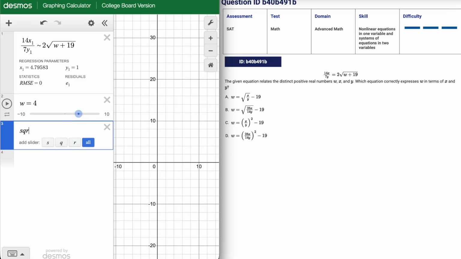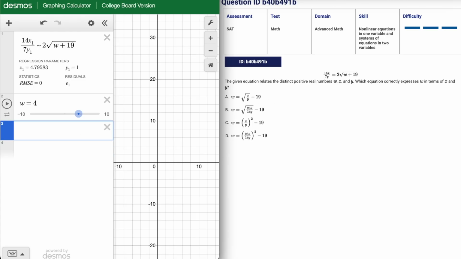So I would do square root of x1 over y1 minus 19. This does not equal 4, so that's not the answer. Now b, 28, 14. This one does not equal that either, so that's not the answer.